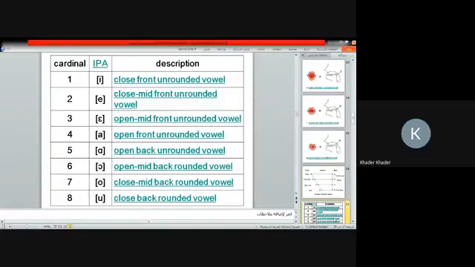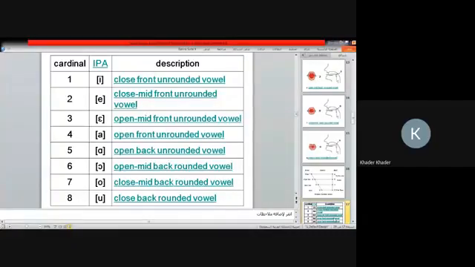In detail, cardinal vowel number 1, according to the IPA, the International Phonetic Association, is a close, front, unrounded vowel. Number 2 is close-mid, front, unrounded. Number 3, open-mid, front, unrounded. Number 4, open, front, unrounded.